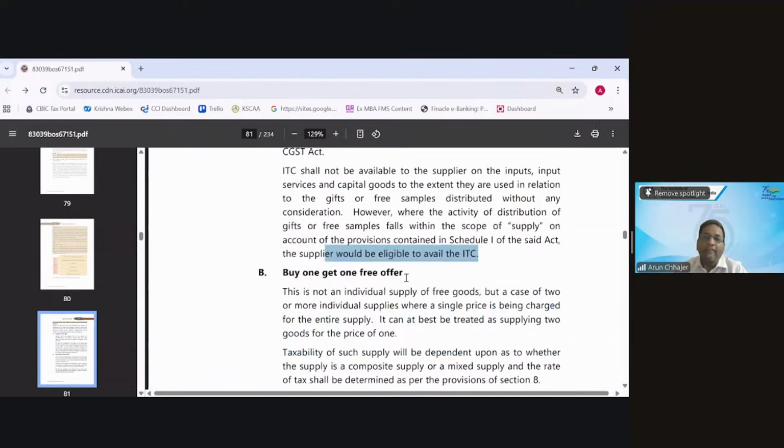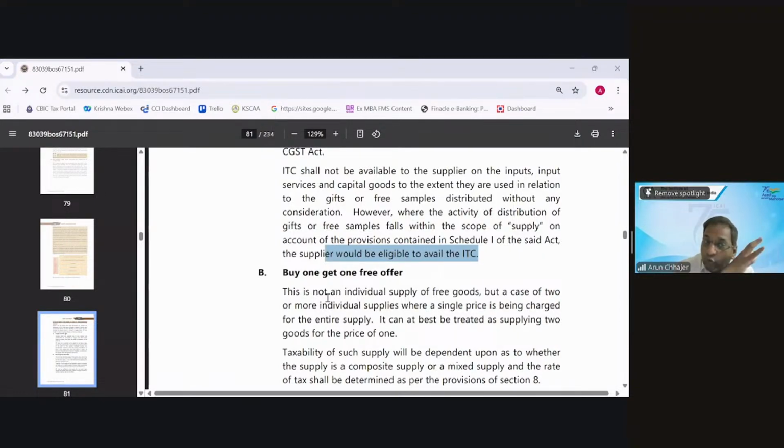Okay. Buy one, get one free. Actually, we are purchasing a shirt and they are saying that if you purchase one, you will get one more. So the second shirt is free. Will the supplier be eligible to take the ITC on input services and capital goods used for the second shirt? Primarily the answer may be that because the second is free, he cannot.